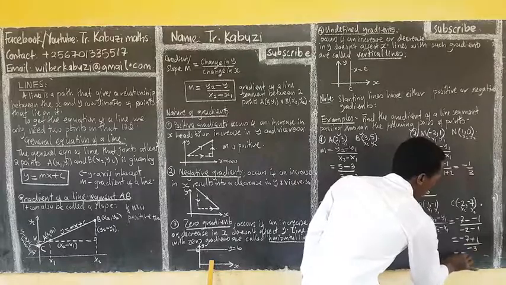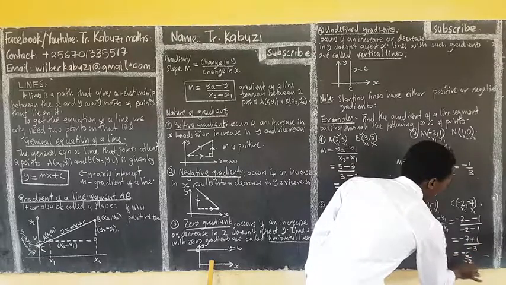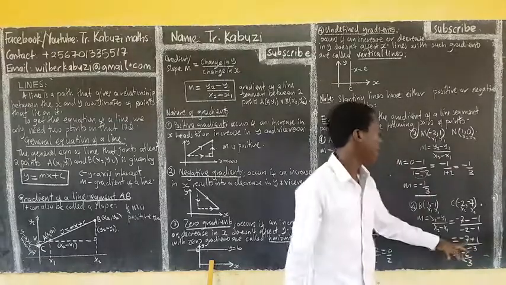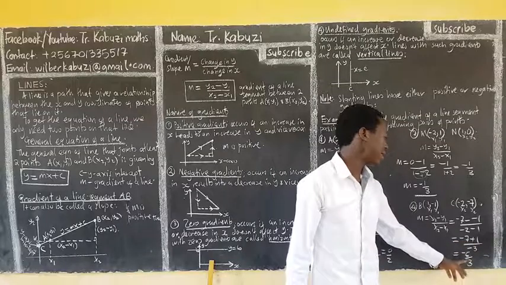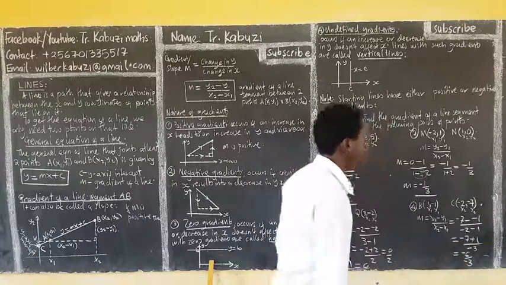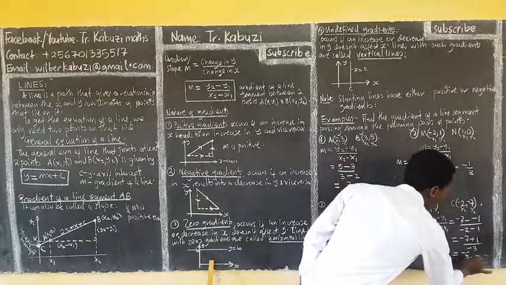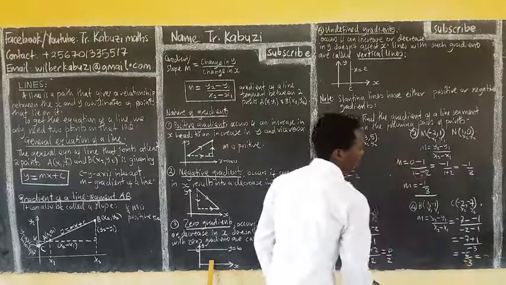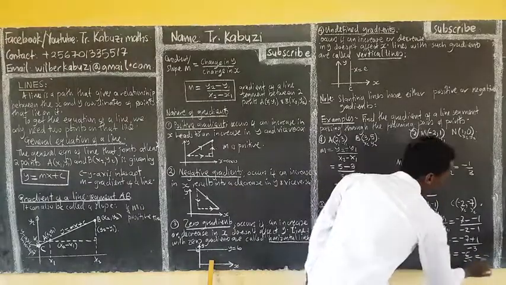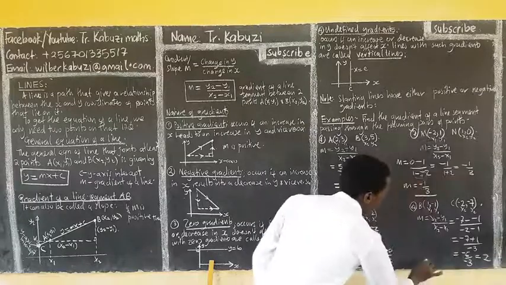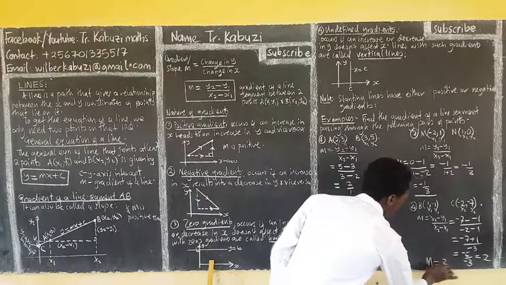So up I have negative 6 over negative 3. And so if you divide that, a negative by a negative gives a positive. 6 divided by 3, you get a 2. So therefore here, our gradient is 2.